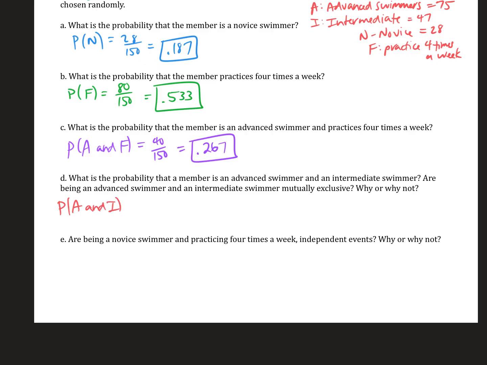Good. Are being an advanced swimmer and an intermediate swimmer mutually exclusive? Yes, they are. And why or why not is your justification? Yes, because probability of A and I equals 0.